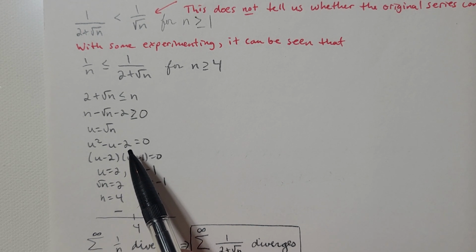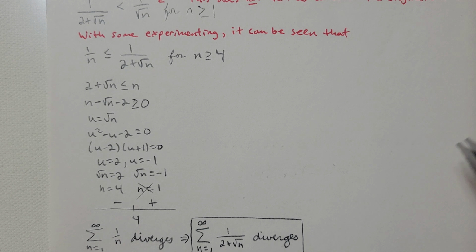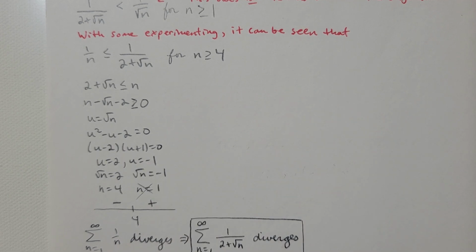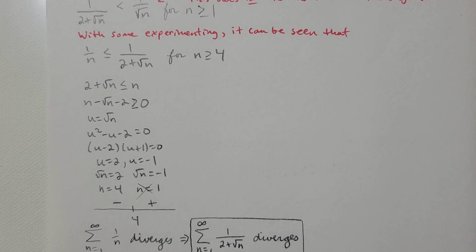I'm going to temporarily set that equal to 0, as if I had a quadratic equation. This quadratic will factor as u minus 2 times u plus 1, and when I set each of those equal to 0, u is equal to 2 or u equals negative 1. Now I don't care what u is.